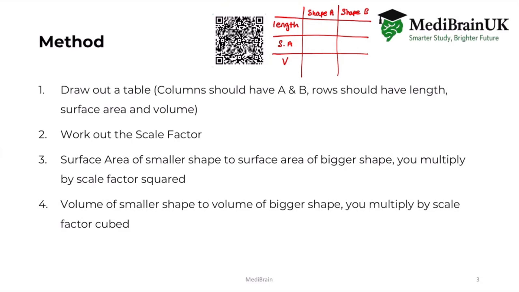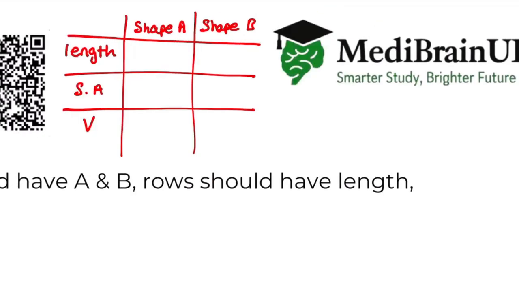Then you work out the scale factor. Now, what the scale factor means, it's like a multiple. How can you get from one number to another number? So if I told you that the length of one shape is 5 and the length of another shape is 10, then the scale factor would be times 2.